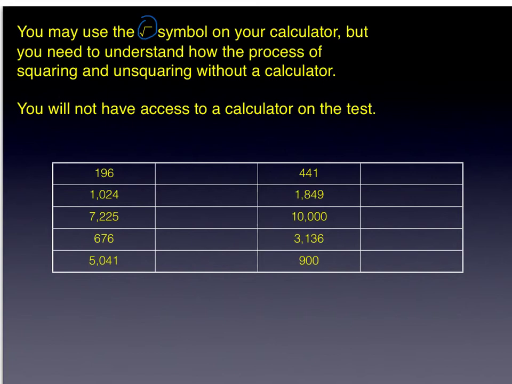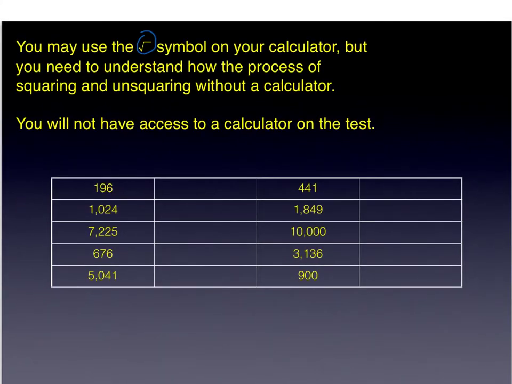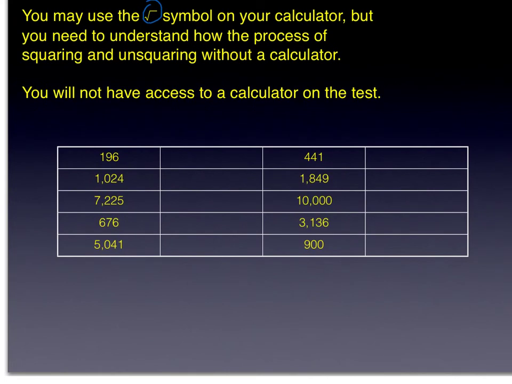Okay, so I just found the square root of 196, and I got 14. 1024, find the square root. 32. 725, find the square root. 85. 676, find the square root. 26. 5041, square root. 71. 441, square root. 21.